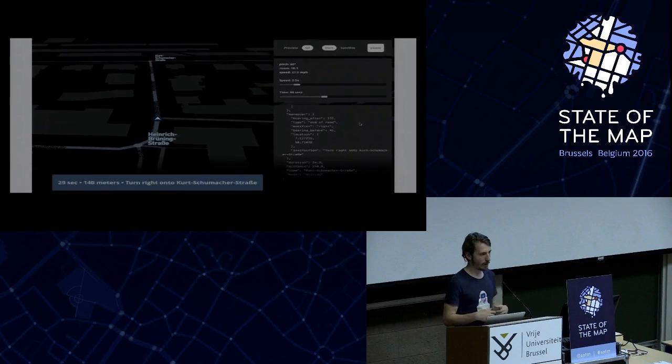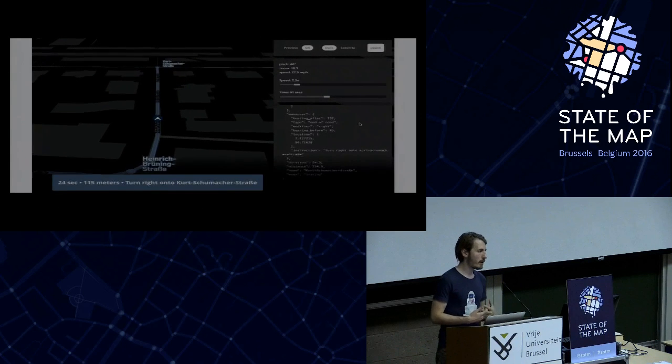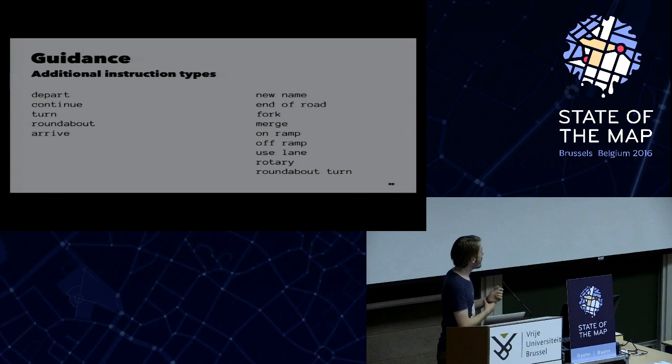So what we realized fairly fast is that on the left are our old instruction types, the types that every one of these steps could have: depart, continue, turn, roundabout, and arrive. And we realized this is not sufficient to provide a good routing experience, so we added a bunch of new types.